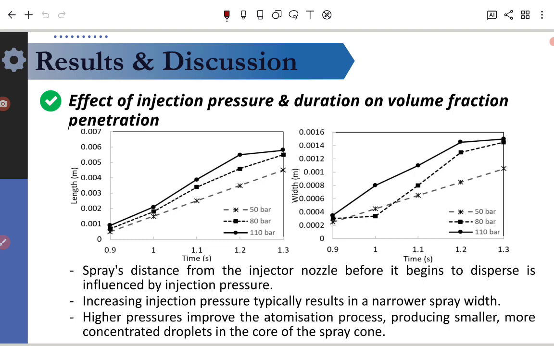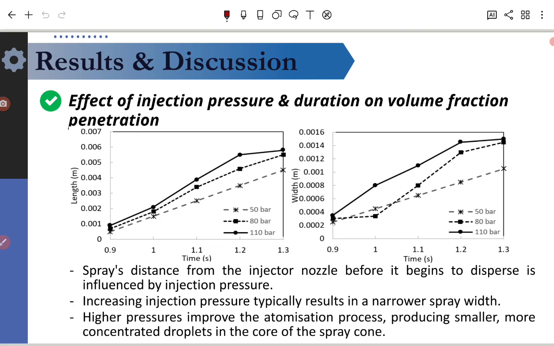And next is the result for the effect of injection pressure and duration on volume fraction penetration. The effect of injection pressure and duration is shown in the graph in the slide.